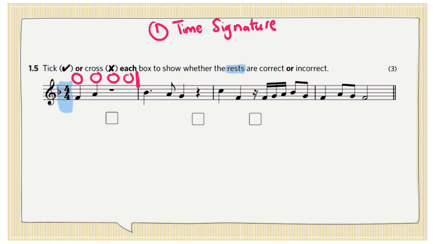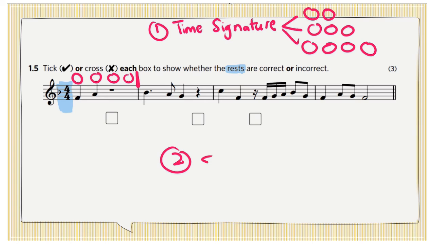Based on the time signature, you can draw circles, depending on what the time signature is. Alright, and then number 2, you have to shade. And what do you need to shade? Shade only the notes, because by shading the notes, then you will know how many counts are remaining, and that will be the value of the rest.